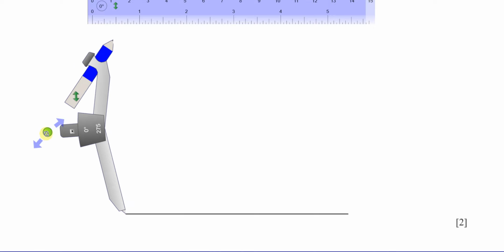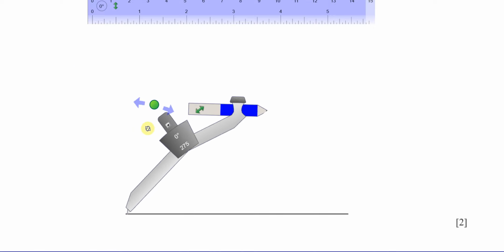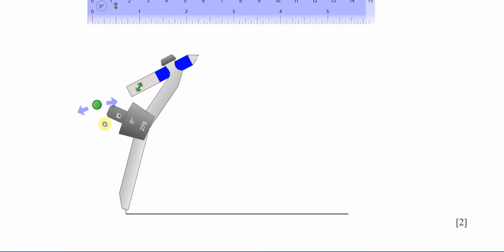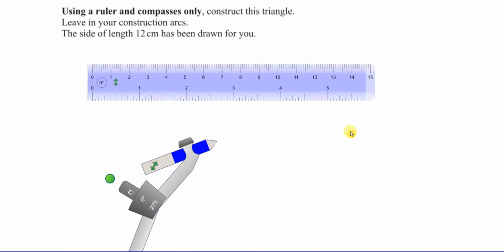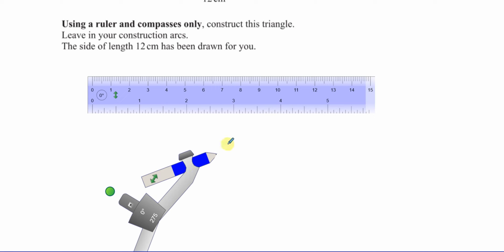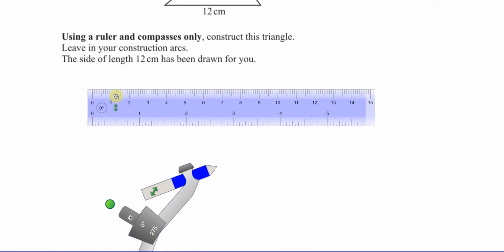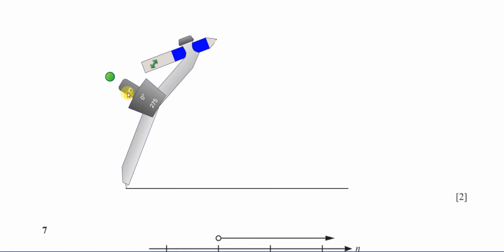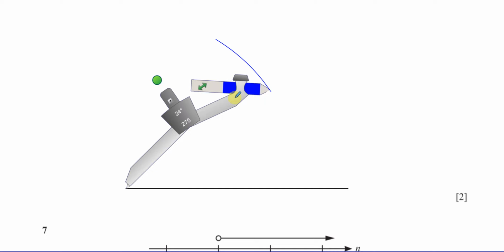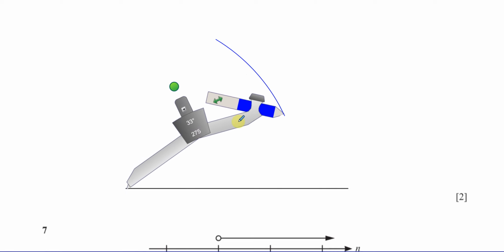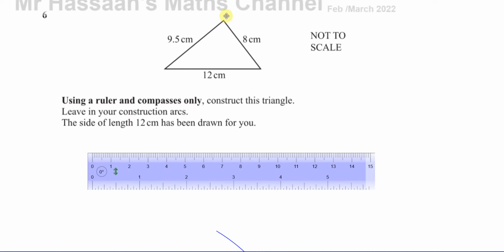So the point where the 2 sides meet is somewhere along this line. I'm going to make an arc in that area. I know somewhere along this arc lies this point.